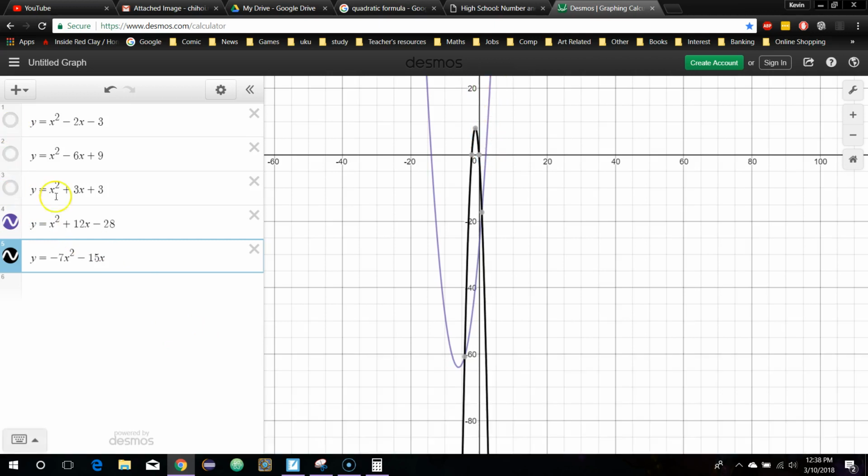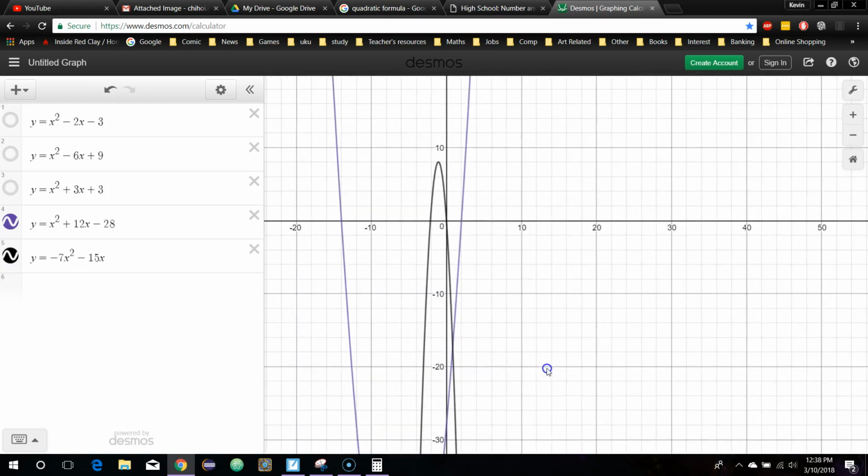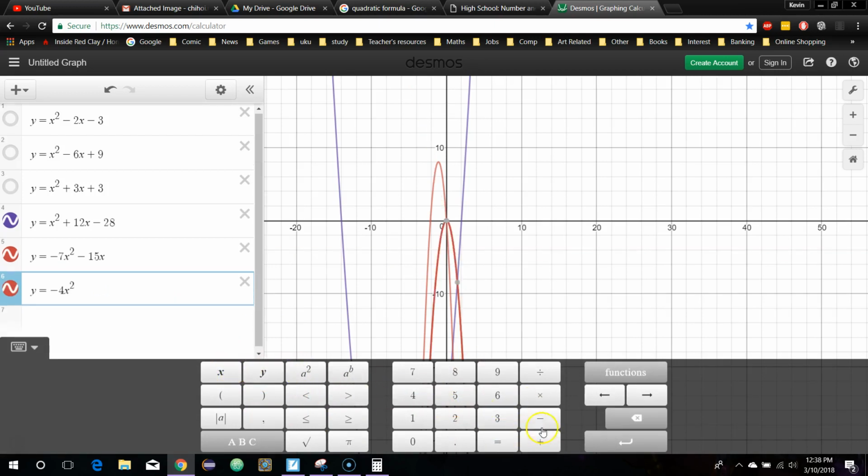We don't need to see all of this. Hopefully you can see this. Let's turn it red. The shape is an upside down U. I can just randomly create some. Just make sure you see the picture. 4x squared minus 7x plus 6 as an example.